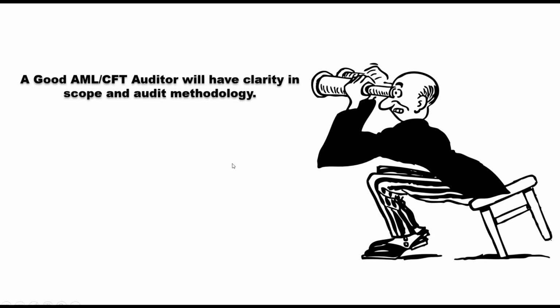Auditors will have clarity in audit scope and what methodology to be applied during the audit, like assessing the policies and procedures to confirm that the design of controls is appropriate and aligned with the regulatory requirements and expectations as well as industry best practices. Reviewing the organization's pre-existing compliance risk assessment and other self-assessments.